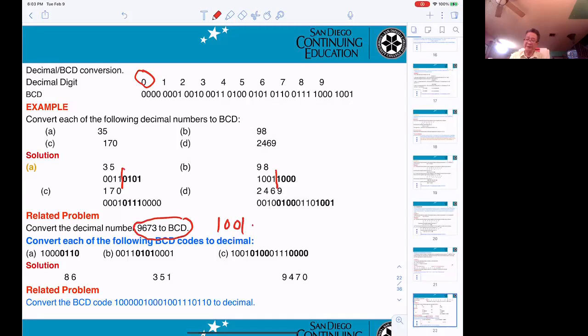Number 6 is 0110. 7 is 0111. 3 is 0011. They must be 4 bits. That's the only thing you must memorize.